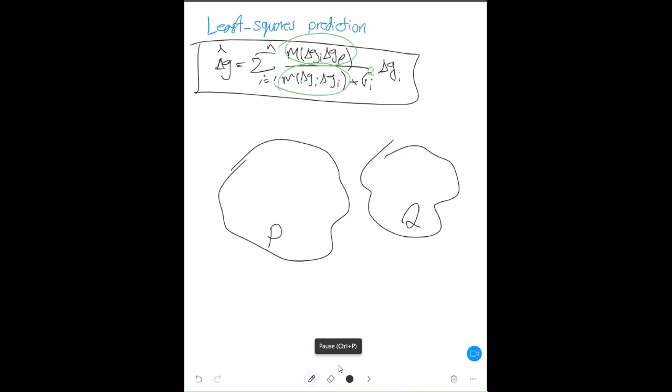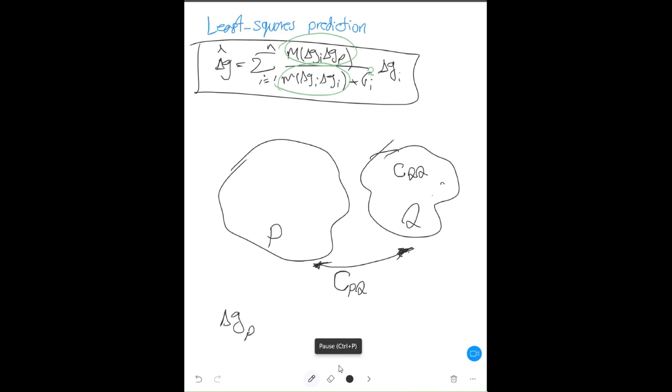What I need here is a cross covariance function between these two spaces, the cross covariance C_PQ, and also an autocovariance function in the measurement space. The cross covariance expresses how these two spaces are connected to each other.